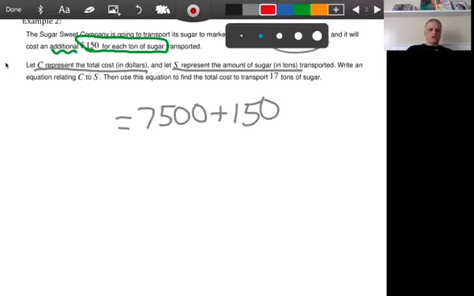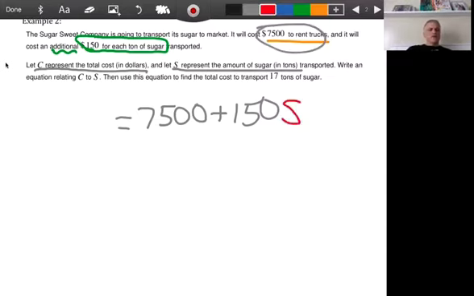I'm going to change the color for the variables here. There's S. And if you take 7,500 for renting the trucks and you add 150 times the tons of sugar that we transport, that equals what? That equals the total cost in dollars for us to transport all of that sugar to market. Okay, here's our equation.